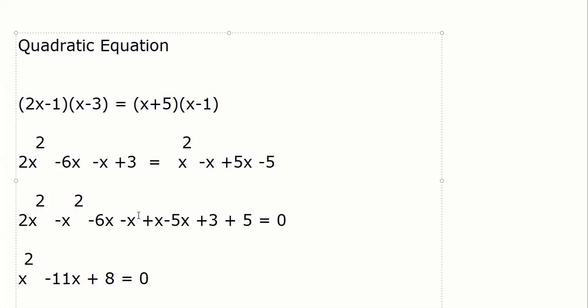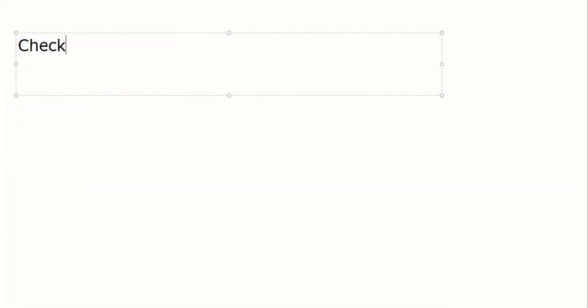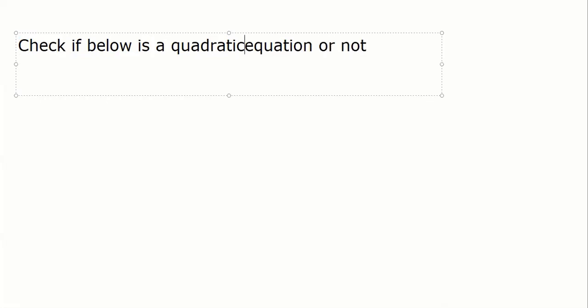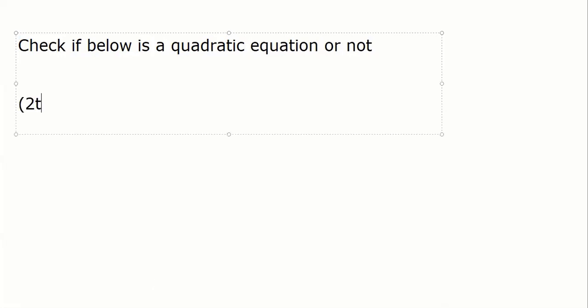Now what I want you to check is, before we move on, check if below is a quadratic equation or not. 2t minus 1 into t plus 3 equal to t minus 2 into 2t plus 1.